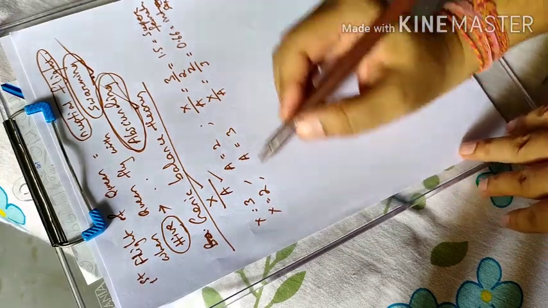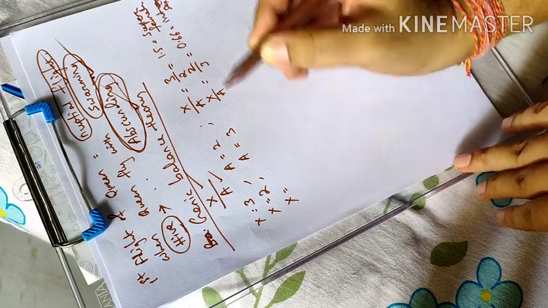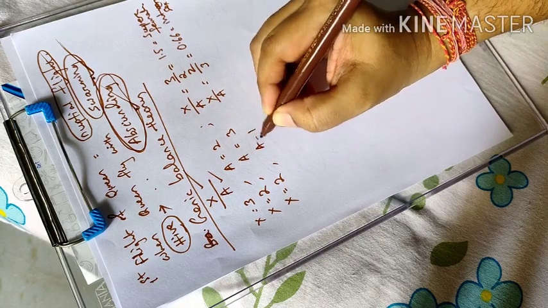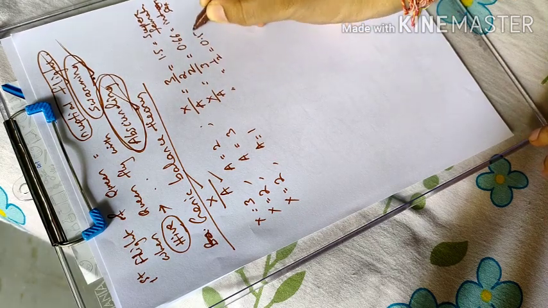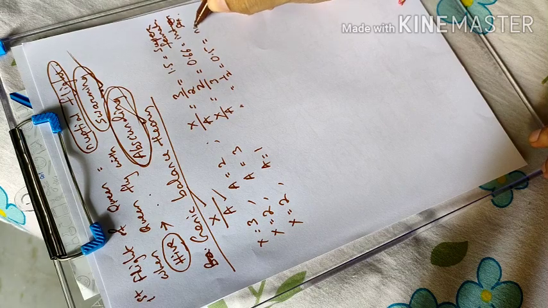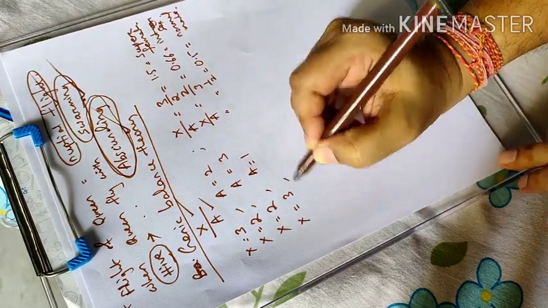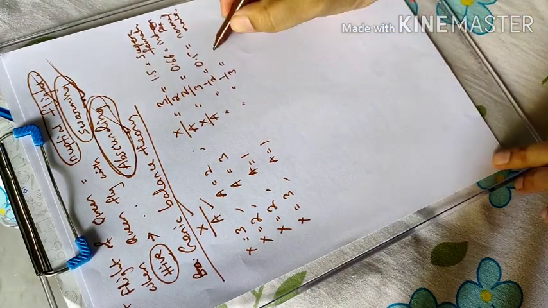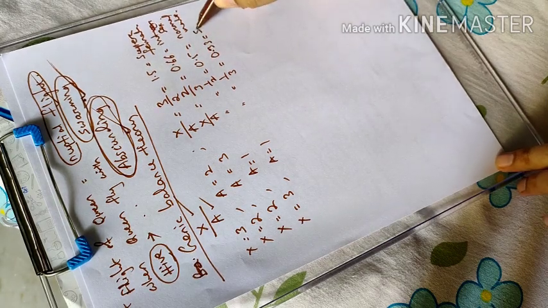In this way, if X is equal to 2, A is equal to 1, then X by A is 1 by 2, 0.5, normal male. If X is equal to 3, A is equal to 1, then it is 1 by 3, that is 0.33. It is super male.